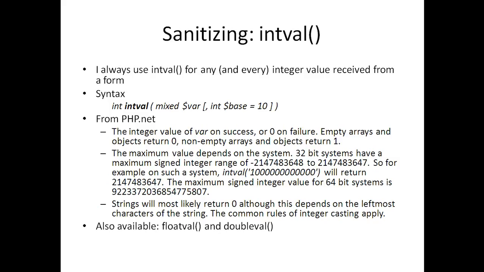So if you did intval on something like 3chocolate, you'll get 3. And if you did it on 3choc0lit, you'll still get 3, because it'll stop at the non-integer part. Okay, so also for sanitizing, you have floatval and doubleval, to sanitize decimal numbers using floatval, and to sanitize double numbers using doubleval. Okay.